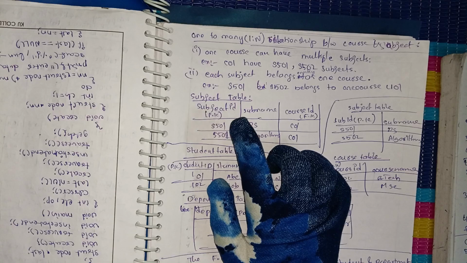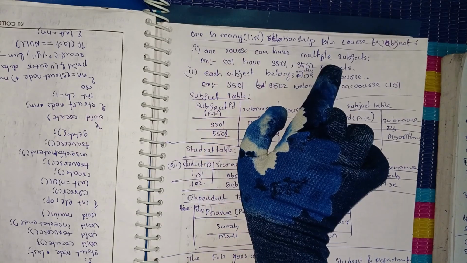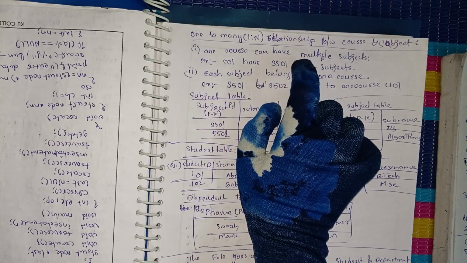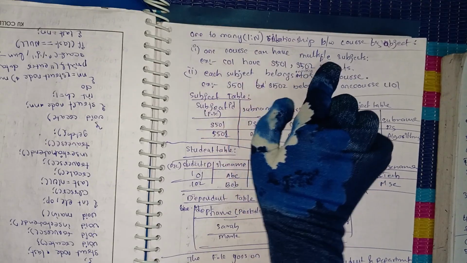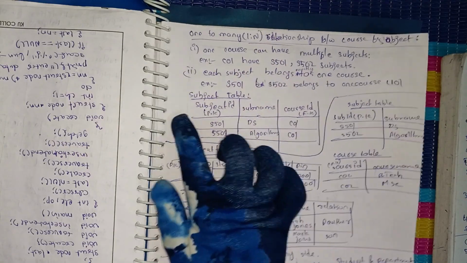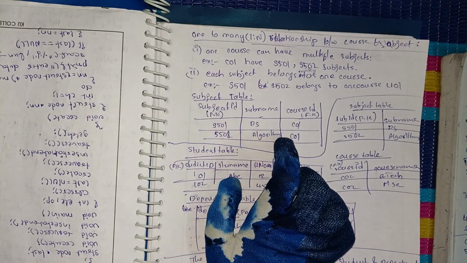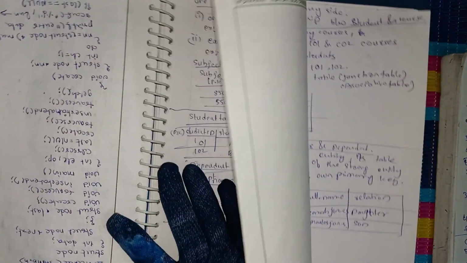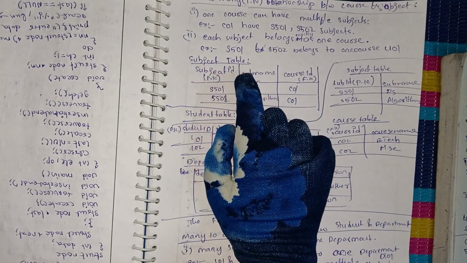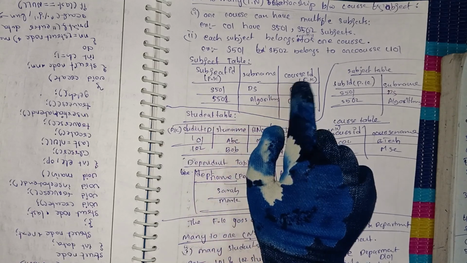So we are placing the course table's primary key in the subject table as a foreign key. Then we get the output table by updating the subject table, meaning we are inserting the course ID.